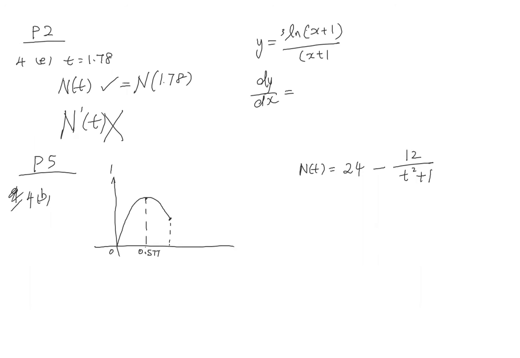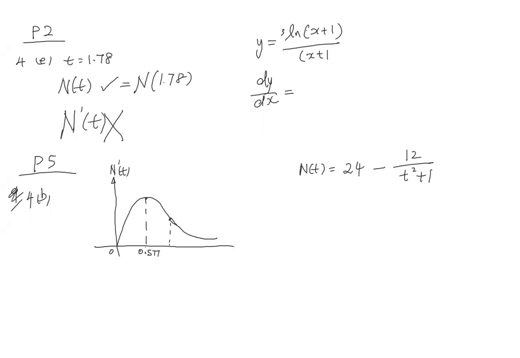I wrote N prime t, it should be N(t) graph. Show that, sketch the graph of N prime t. Hence, describe the changes of N(t). Yes, this is the N prime t graph.